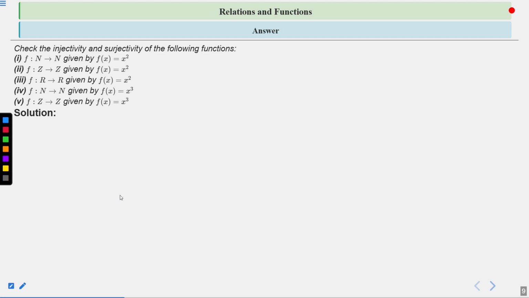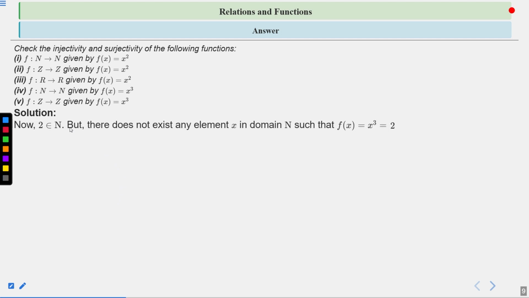Now for surjective, picking 2 from the codomain set, we observe that there does not exist any x from the domain such that f(x), which is x cube, is equal to 2. Therefore, f is not surjective.